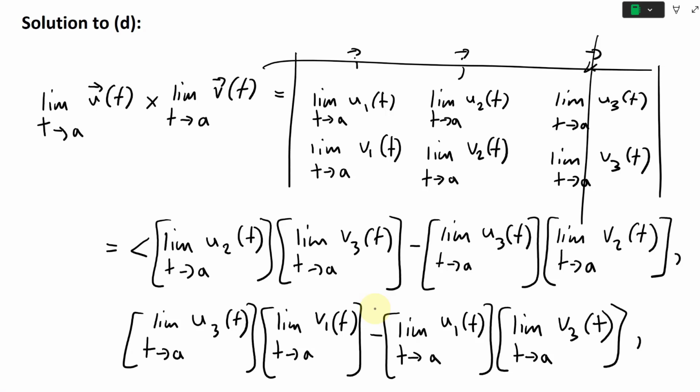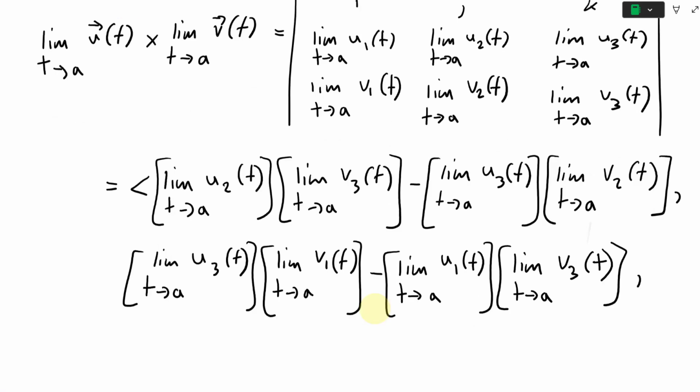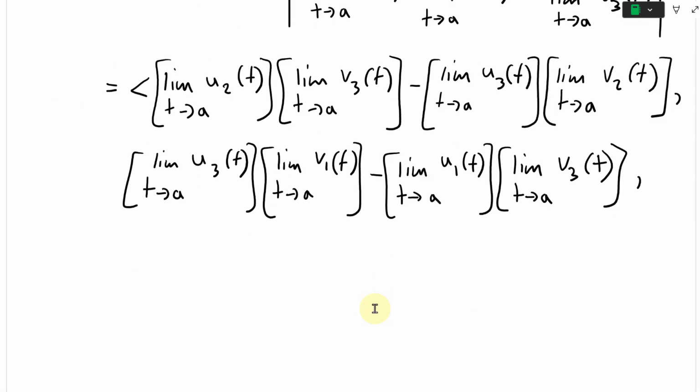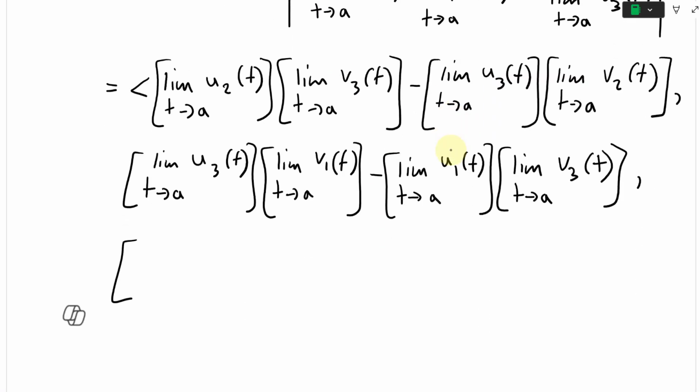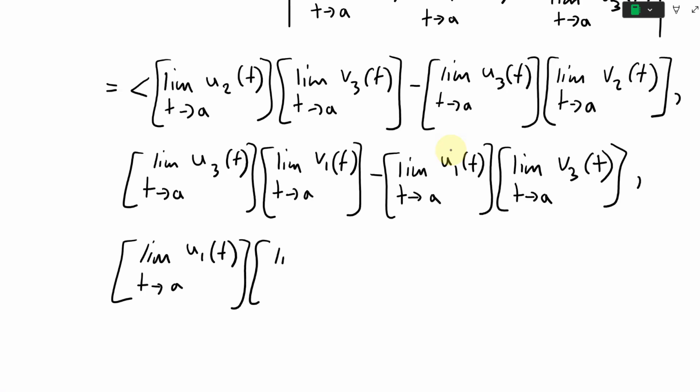All right, and also cross this out. All right, so we get the idea and cross this out. Okay, so this is going to equal 2, or the next part is going to be, and again, that's going to be u1 v2. Limit as t approaches a of u1 of t, and then limit as t approaches a of v2 of t, and then the other one's the reverse direction, minus limit t approaches a of, now it's going to be the u2.